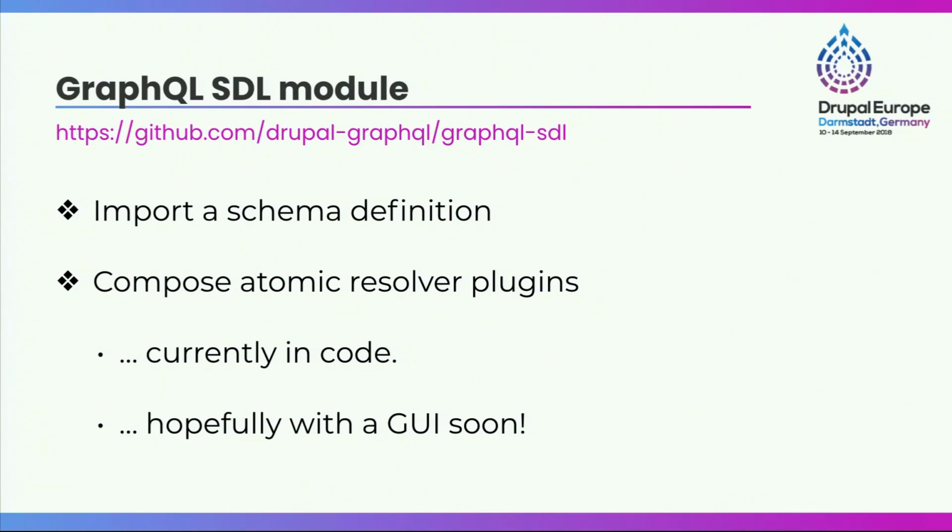You can design this in a very reusable way, as I will quickly show afterwards. Right now, this still happens just in code, but we have plans to put this into configuration files first and eventually into a user interface that allows you to apply these resolvers to your GraphQL fields, which will probably resemble rules.